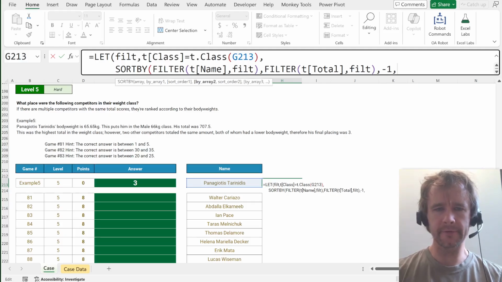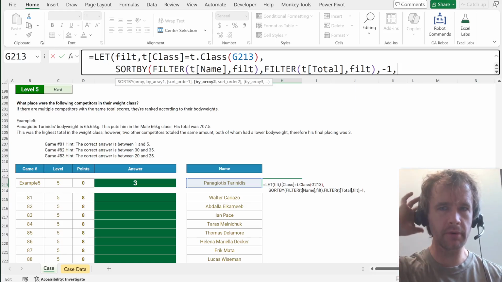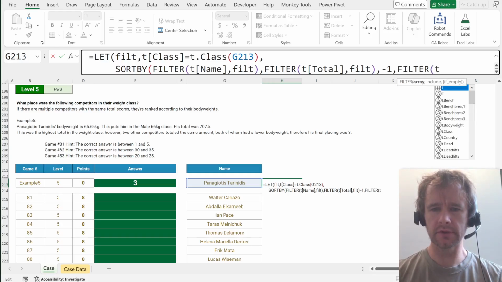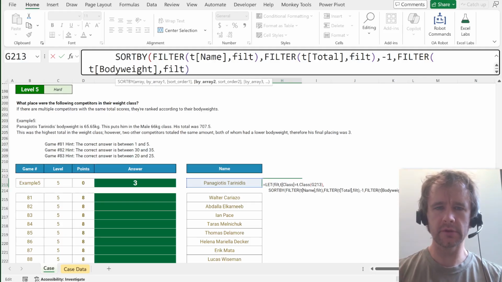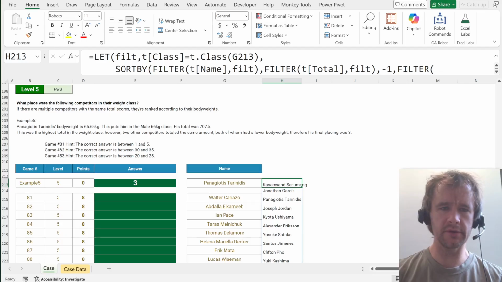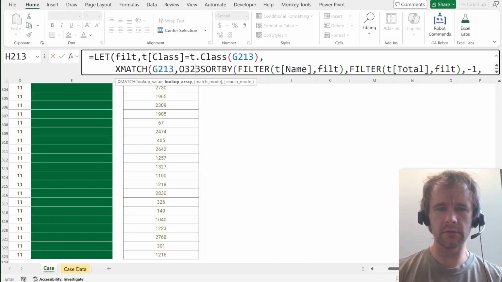And then I want to sort by their two other competitors' total, same amount, both of whom had a lower body weight. So I want to sort by body weight ascending, I think. Filter t body weight by filter and sort ascending. Let's just see in a second. So yeah, then that puts that guy third, which I think is what we want. So then we're going to X match this against that. Oops.